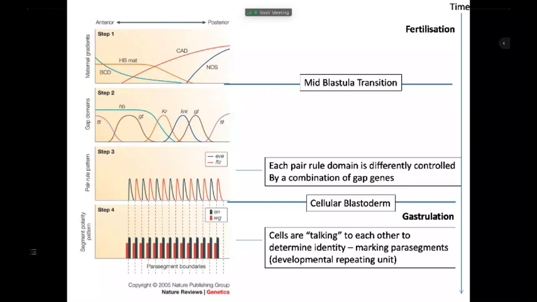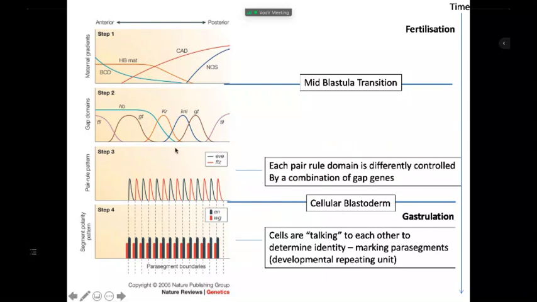So this is a good time to think about what's happening in this hierarchy of transcription. And remember that until the segment polarity genes are expressed, we're a cellular blastoderm.